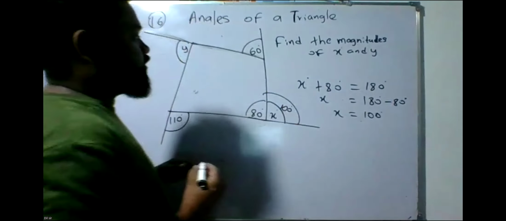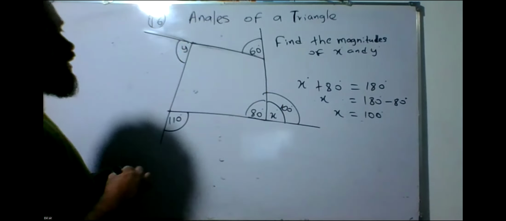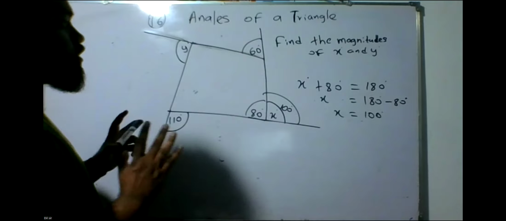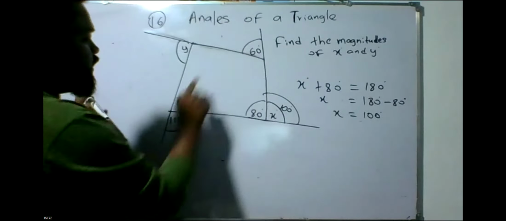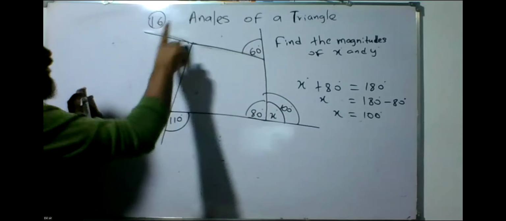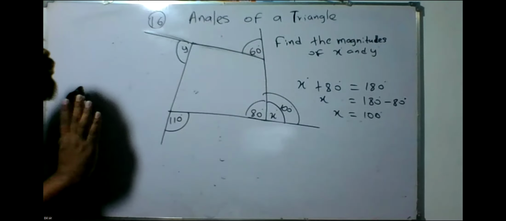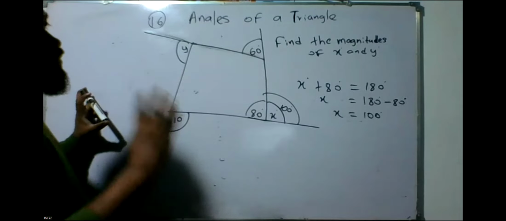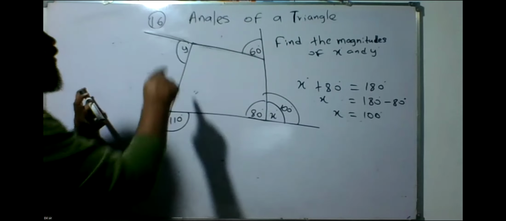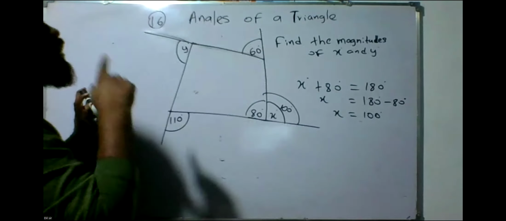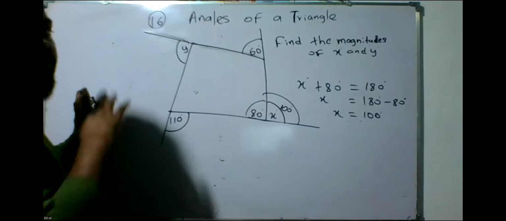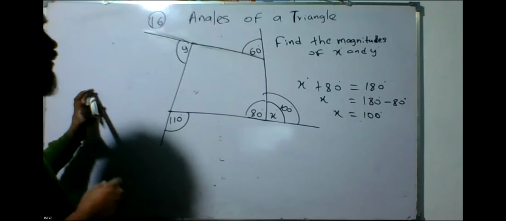Now we can consider all four exterior angles: 100, 80, 110 and y. Out of four exterior angles, we have three values now. We have to find the other one. We can find it because the sum of them is 360, no?